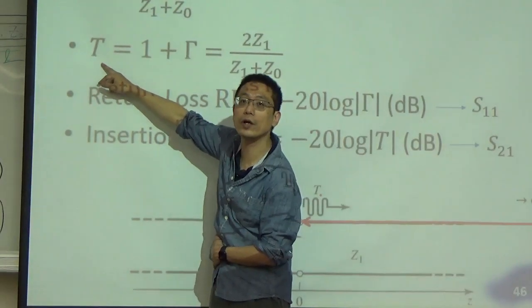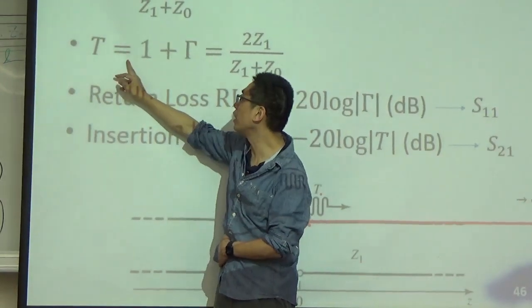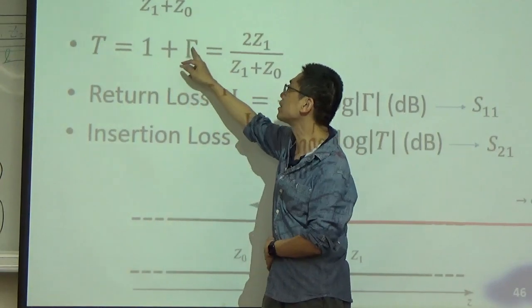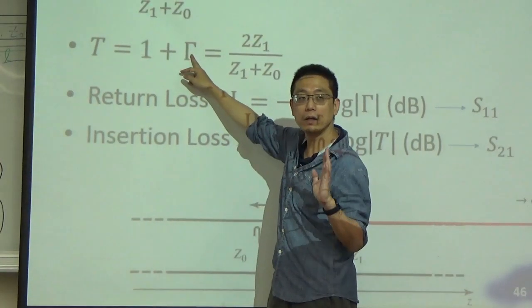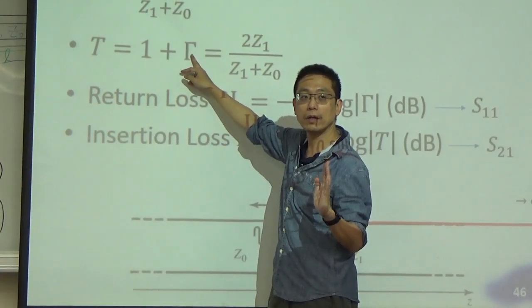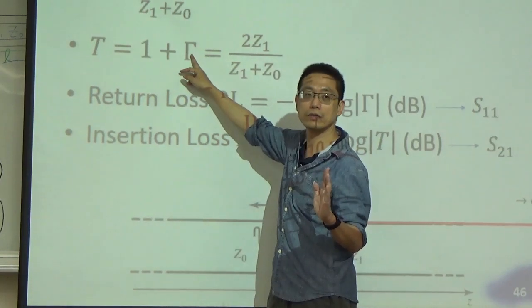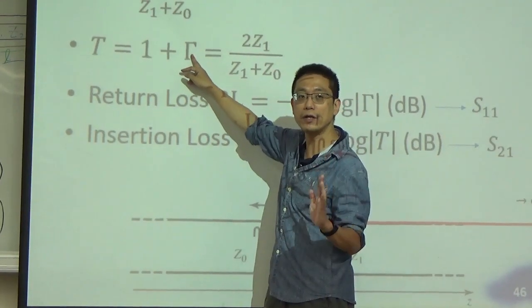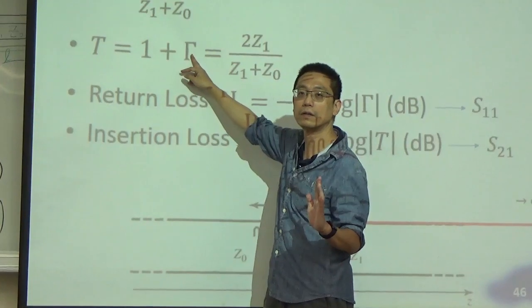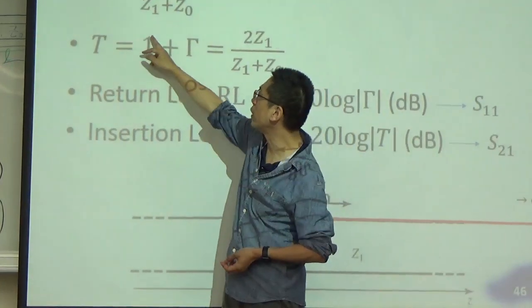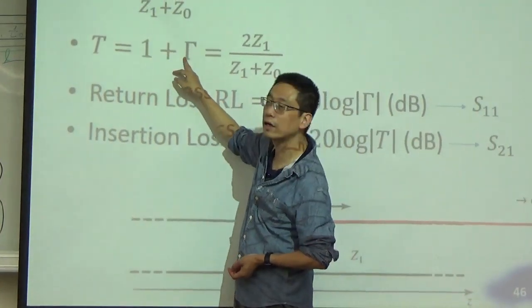Your transmission coefficient T is 1 plus gamma if there is no loss. You obey the energy conservation law. Okay? So you can directly write down 1 plus gamma here.